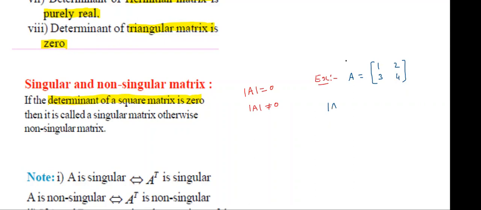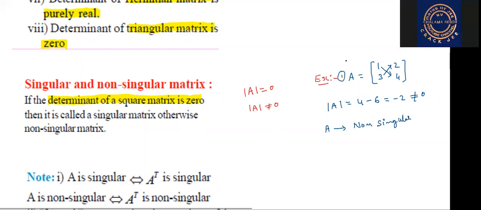First we need to find its determinant. 1 into 4, 4, minus 3 into 2, 6. 4 minus 6 is equal to minus 2. It is not equal to 0, so A matrix is non-singular. This is the first example.